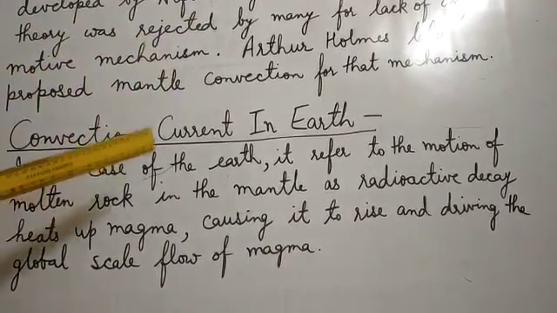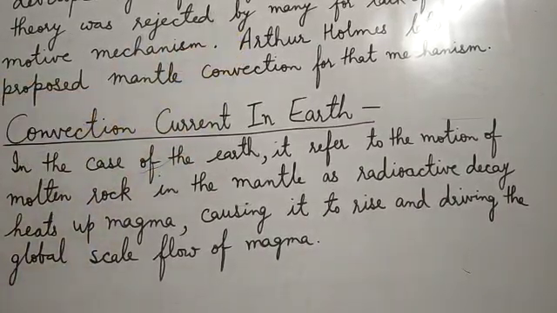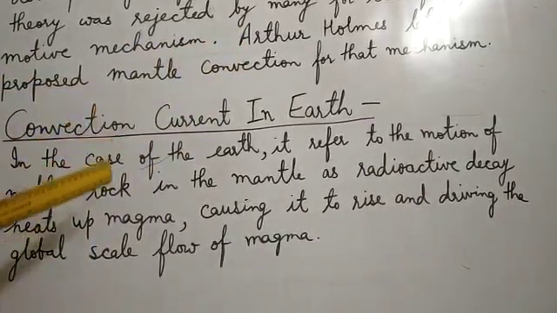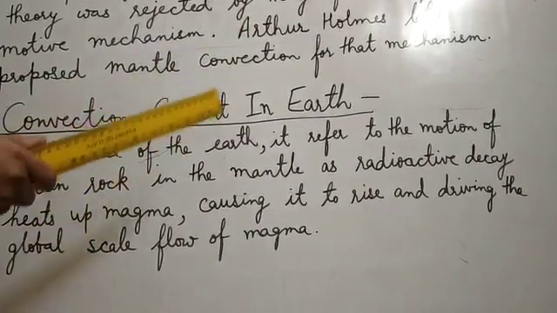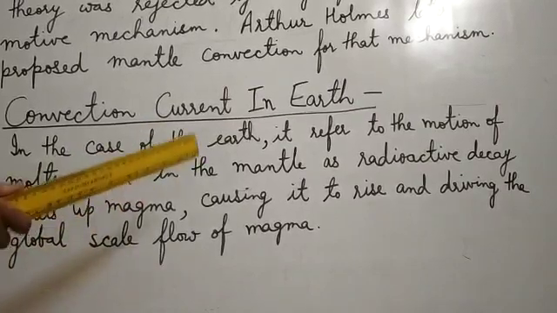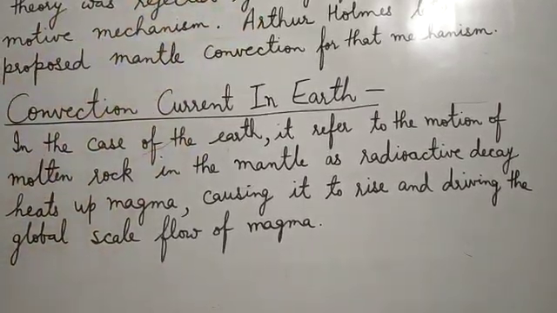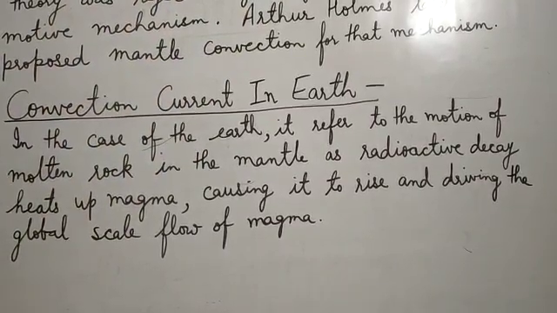In the case of the Earth, convection current refers to the motion of molten rock in the mantle as radioactive decay heats up magma, causing it to rise and driving the global scale flow of magma.